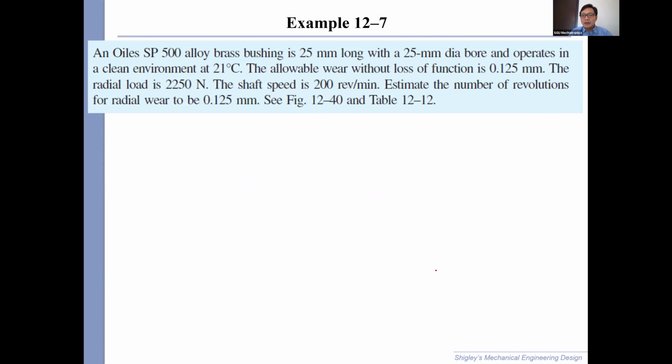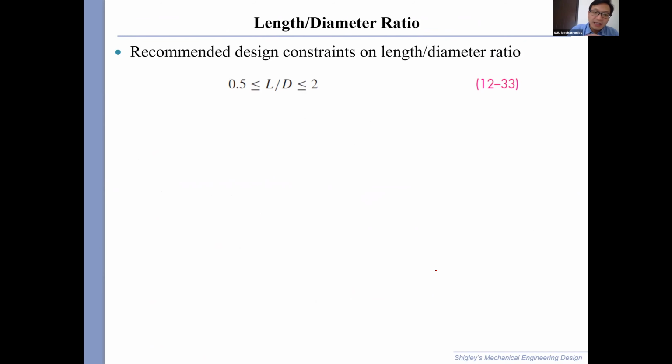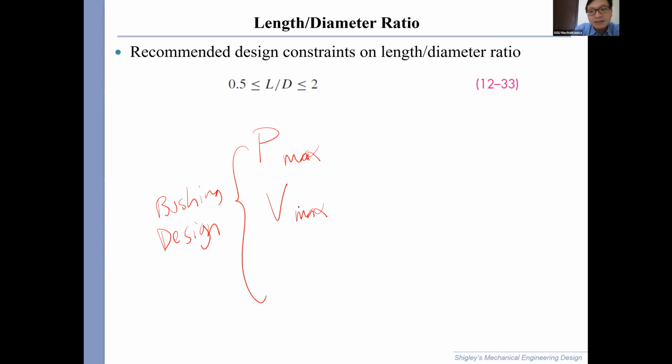So basically bushing design involves a maximum pressure limitation and a maximum velocity, because some bushings cannot tolerate too high an RPM. In fact, most bushings do not tolerate a high RPM. And then you've got the combination of P times V.